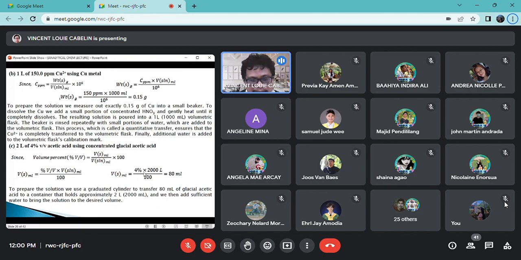So basically what you're doing is you get 80 ml, place it in a volumetric flask, and add enough water until such time you reach 2 liters.